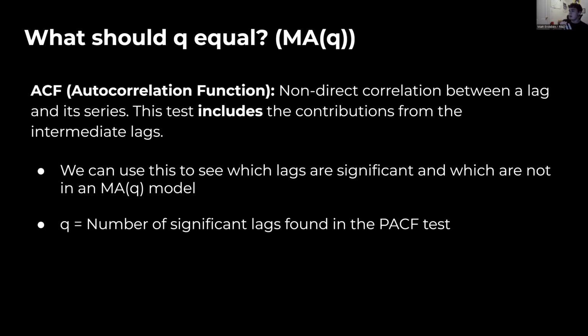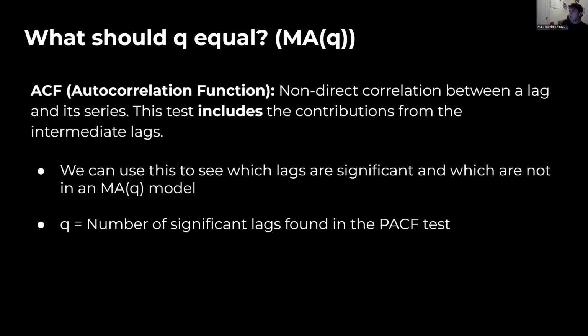And the data from 2 weeks ago is going to have an effect on the data from 1 week ago. And the data from 3 weeks ago is going to have an effect on the data from 1 week ago as well. So there's a lot of indirect correlations between the data, and that's what an ACF test does. It tells you which lags are significant in terms of their non-direct correlation between a lag and its series.